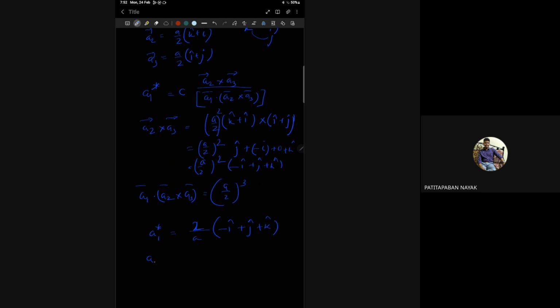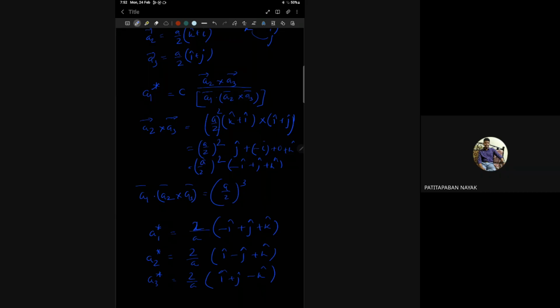Similarly, A2 star will be equal to 2 by A, times (I cap, minus J cap, positive K cap). And A3 star will be equal to 2 by A, times (I and J positive, K negative). By symmetry, I am writing this.